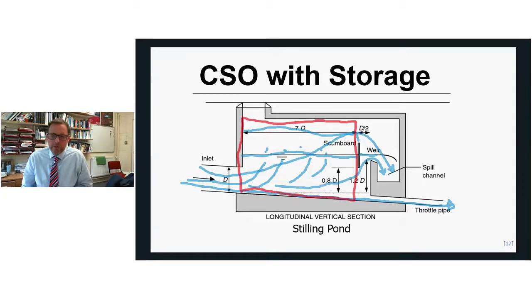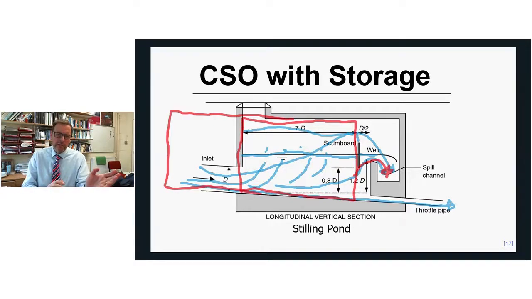If that was made bigger, so just say it was way up here, that means there's a bigger volume for the flow to fill before we get flow going over the weir. And that's basically how CSO spills have been reduced both in frequency and in volume, by adding storage either at or near the CSO to prevent the spill from happening.